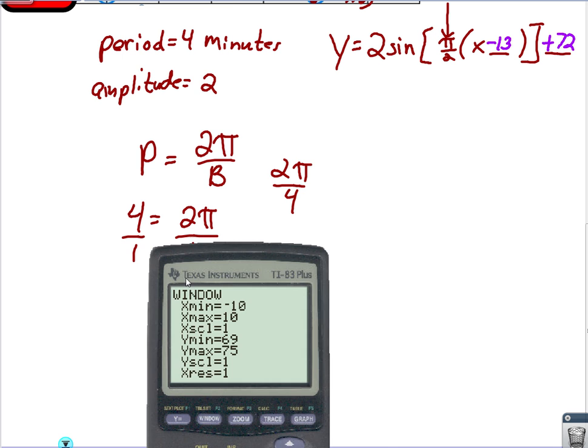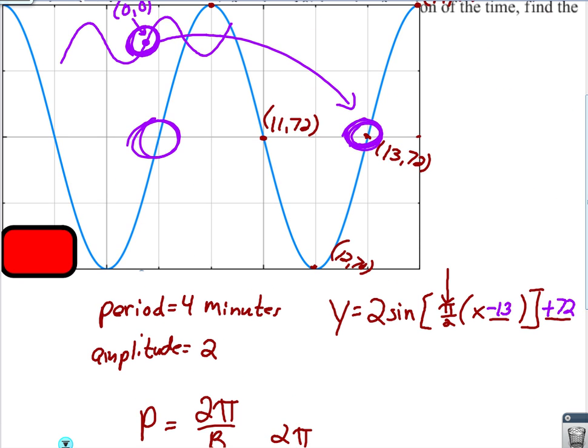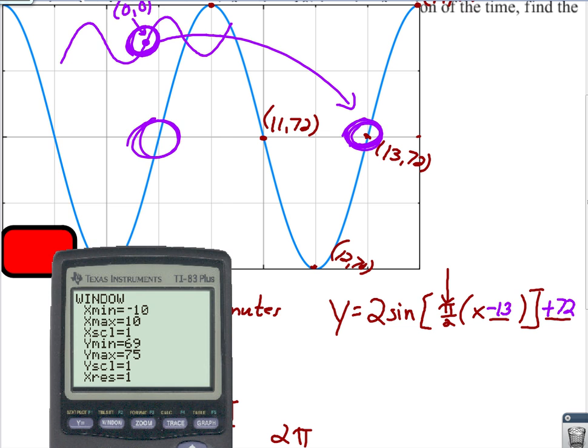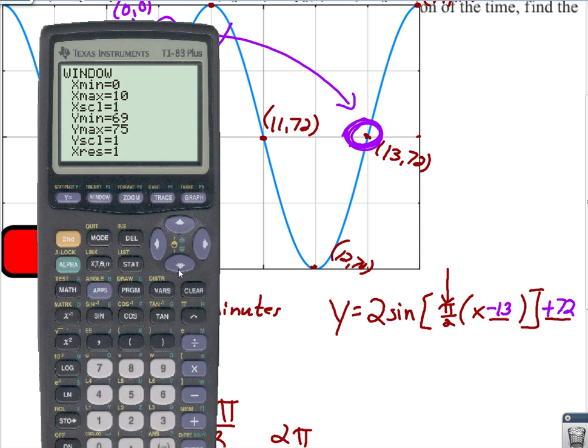And think about a complete cycle here. This was 11, 72. This was 13. Let's change that to where we get more stuff here. Let's go from 0 up to 40. Let's just see what that does.